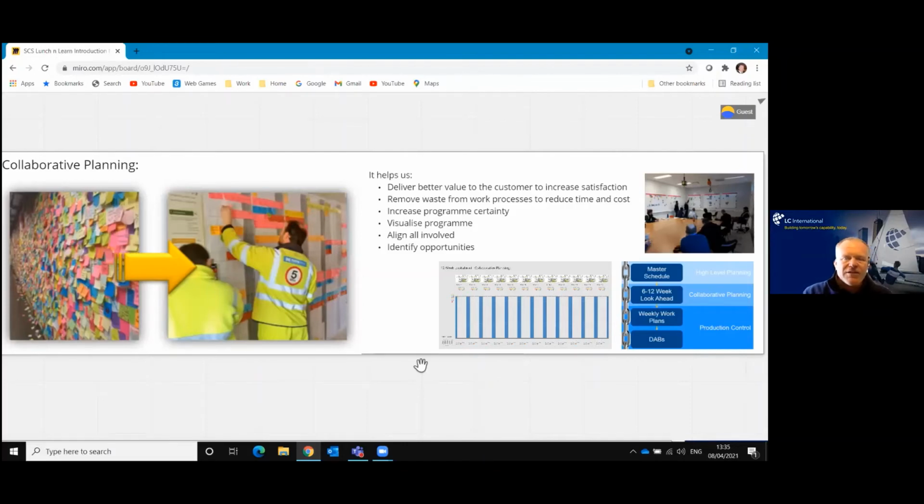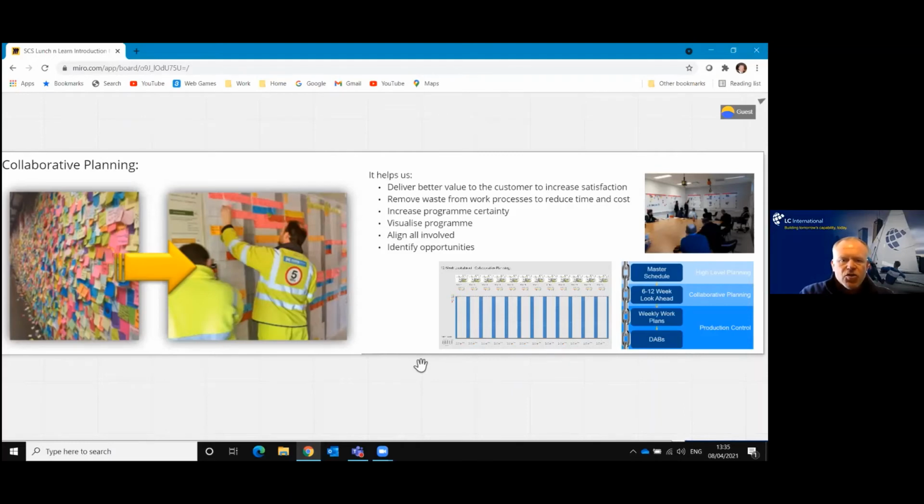Now, when you first enter into the collaborative plan, there could be some resistance from the teams that you work with, because this is a new way of working. It's asking people to share exactly the steps that they will take and then make commitments. Now, these commitments shouldn't be used as a finger-pointing exercise to apportion blame when things go wrong.